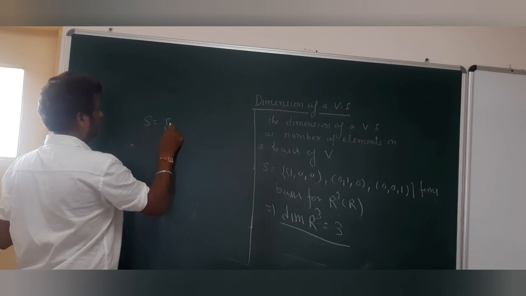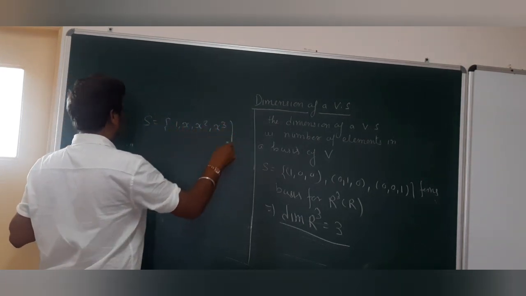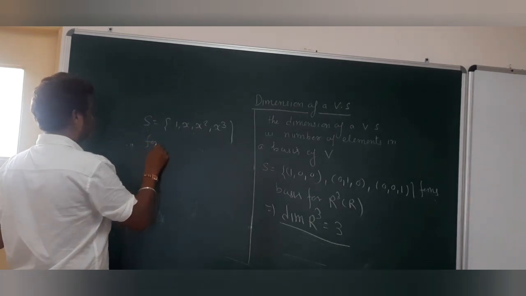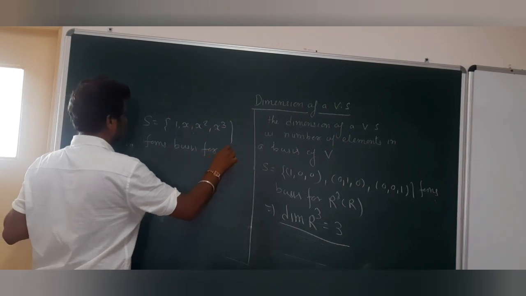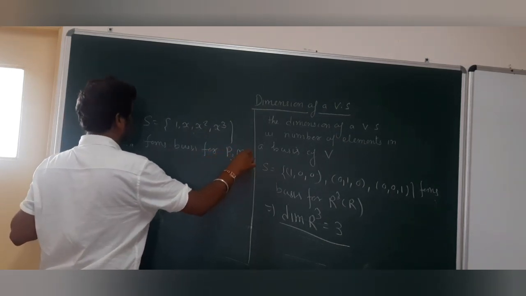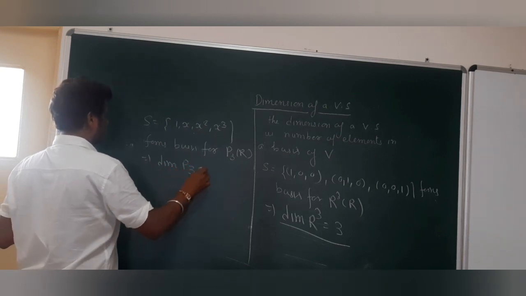If S is 1, x, x square, x cube, it forms a basis for P3. What is the dimension of P3? 1, 2, 3, 4.